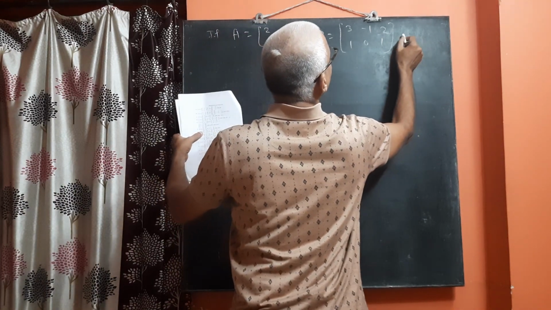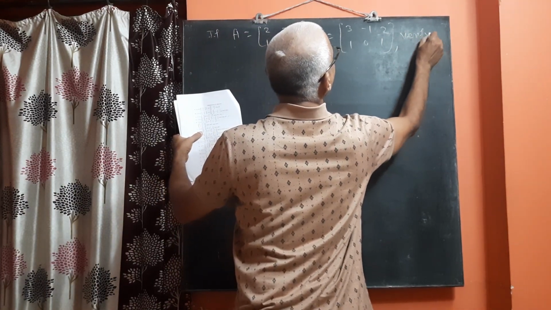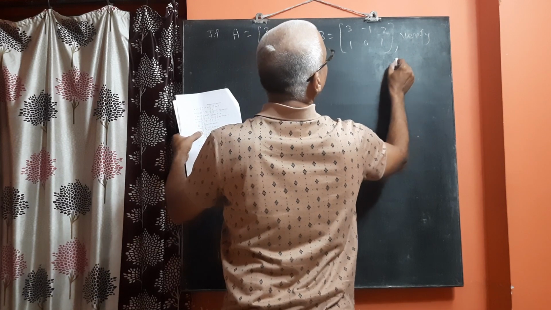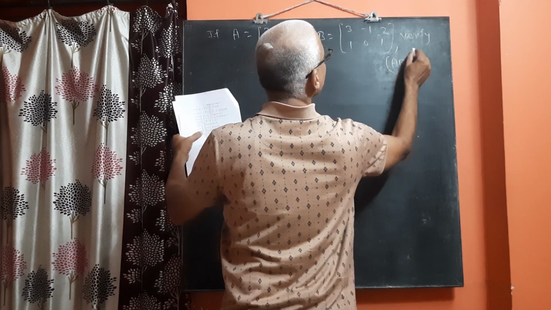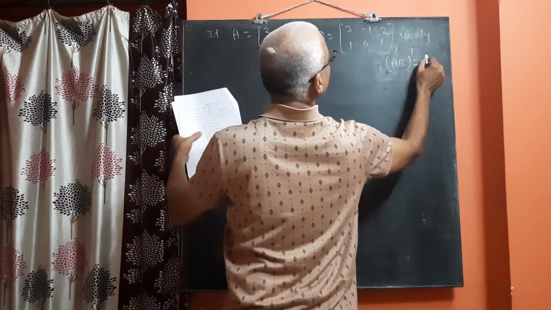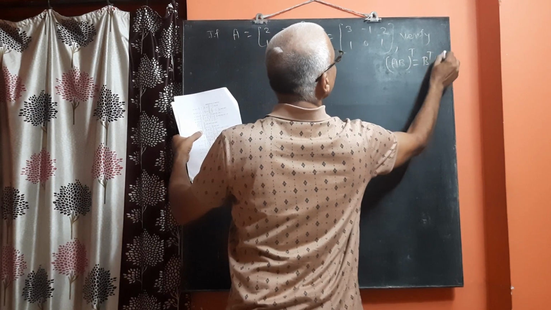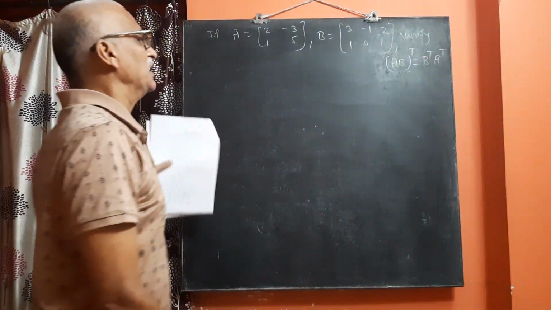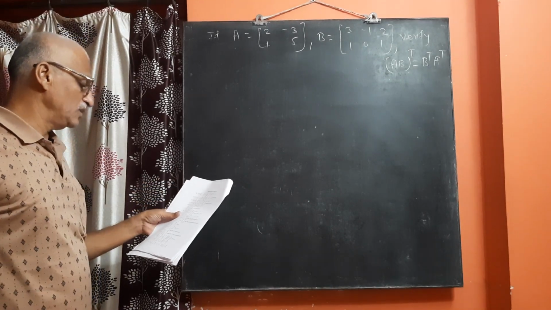Verify (AB) transpose is equal to B transpose into A transpose. Verify (AB) transpose equals B transpose into A transpose.